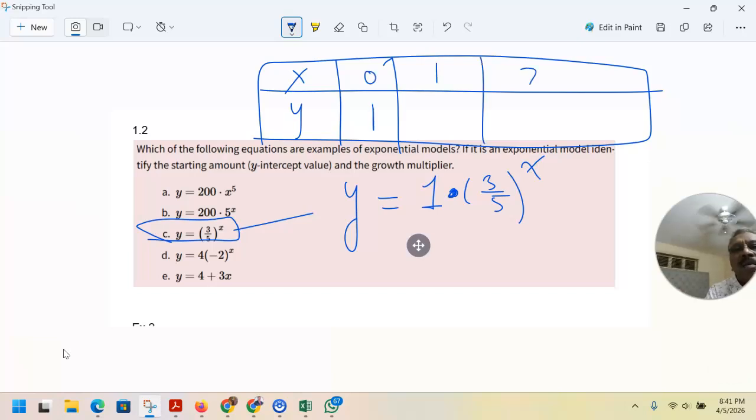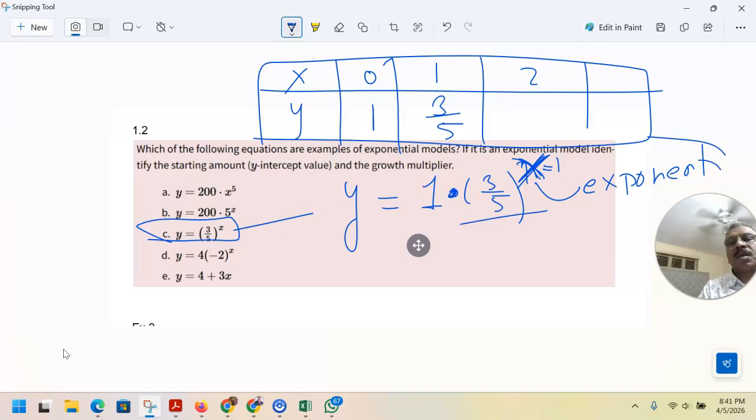And when x is 1, 2, and so on. When x equals 1, this will be 3/5. And you can see the exponent is a variable. So this is an exponential model where in the beginning it is 1, which is the y-intercept.